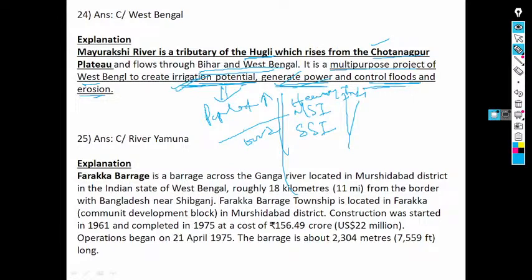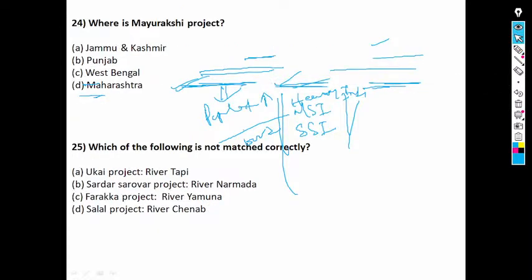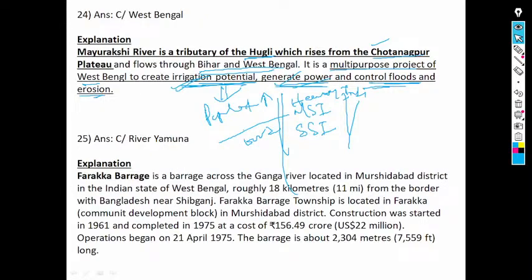Next, what was the previous question number? Which of the following is not correctly matched? What we chose is Farakka and Ganga. Farakka is a barrage across the Ganga river located in the Murshidabad district in the Indian state of West Bengal, roughly 18 kilometers from the border near Sahibganj.